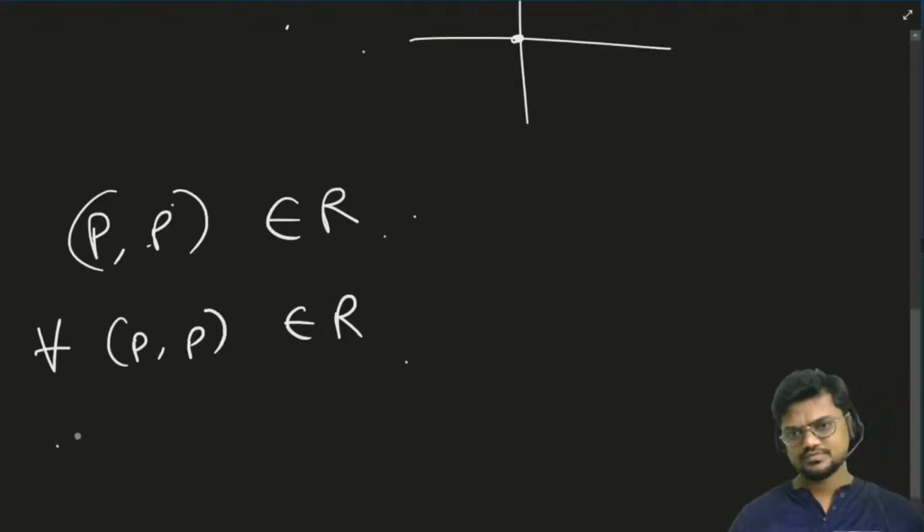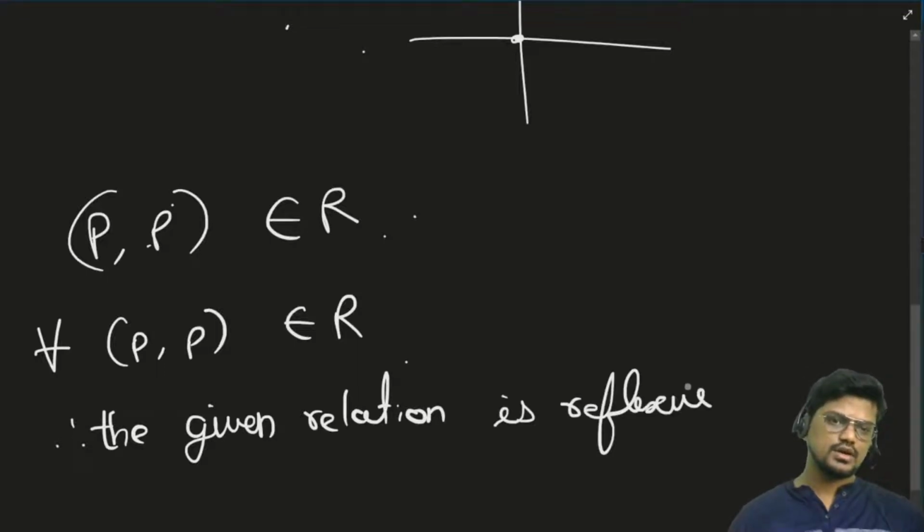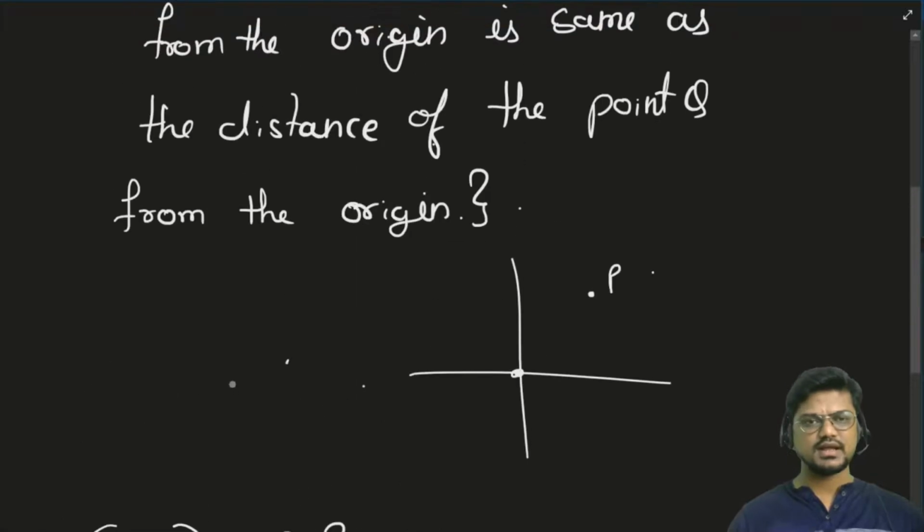Therefore, the given relation is reflexive. Now the next is to prove symmetric and transitive.